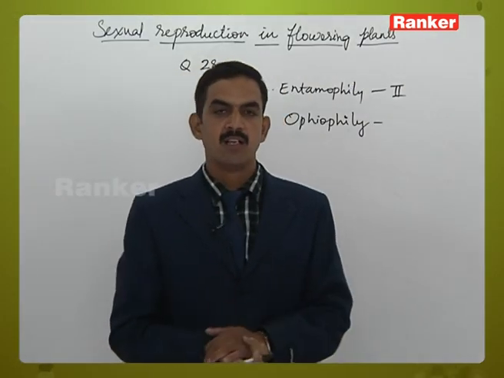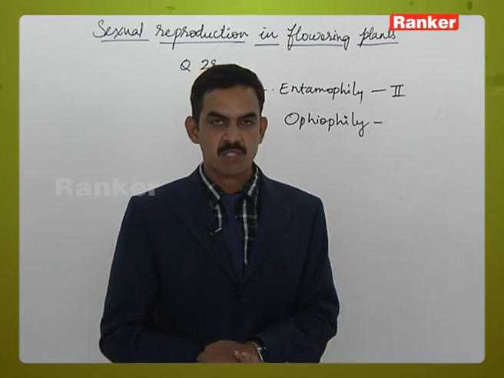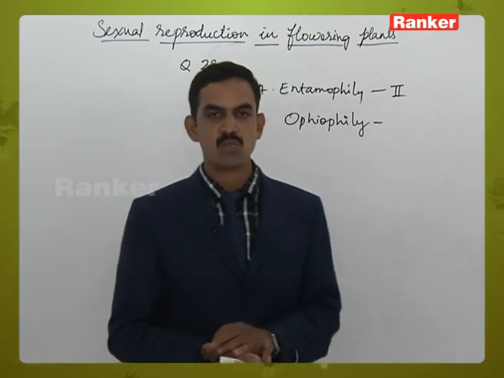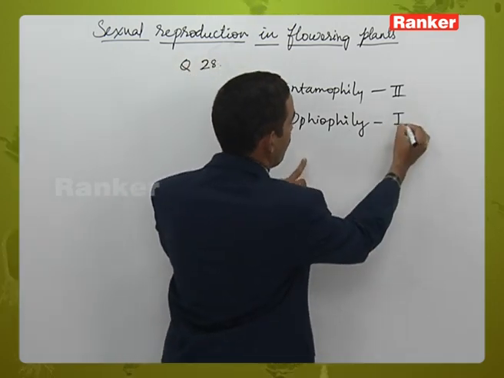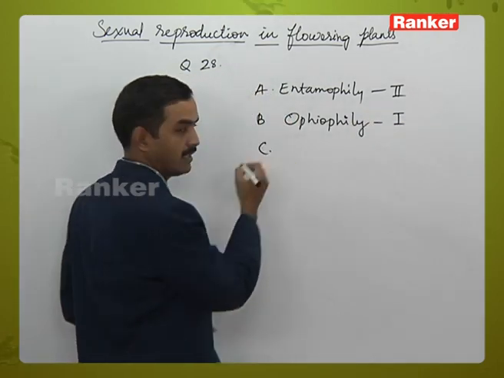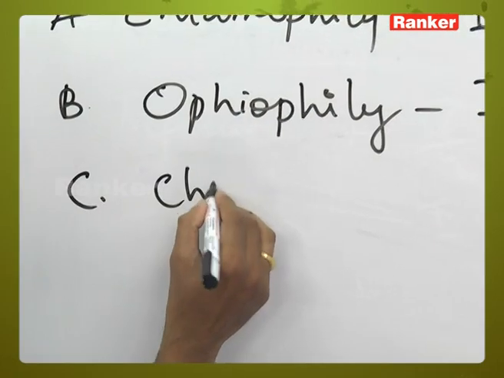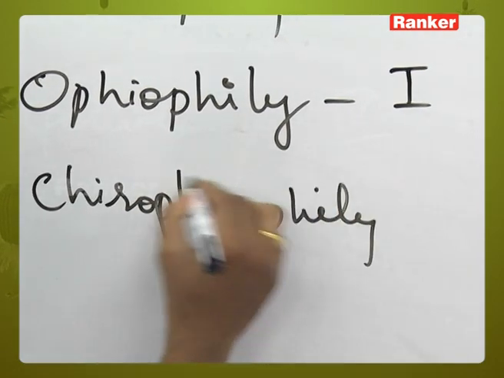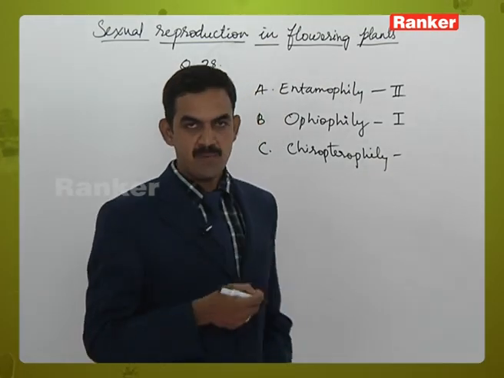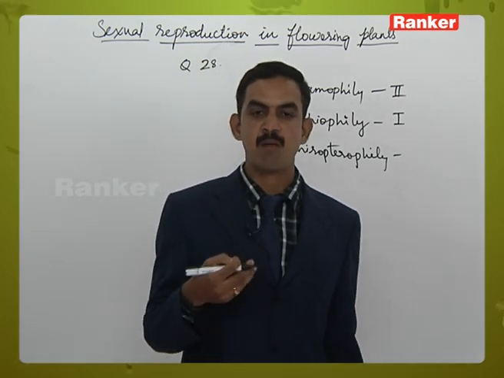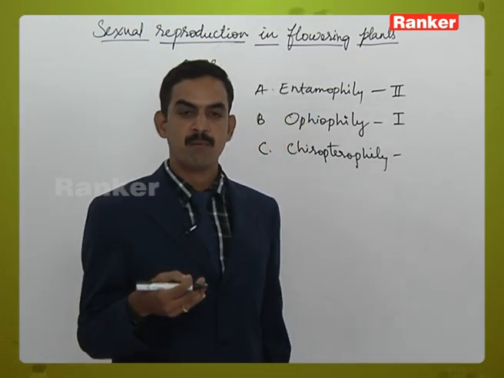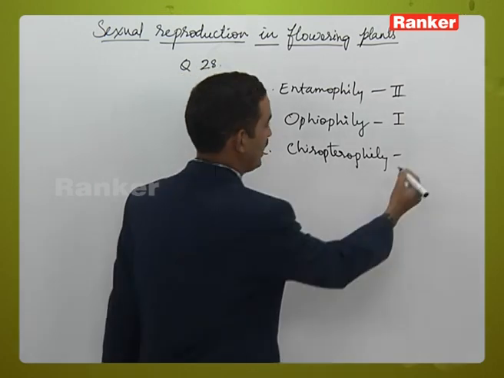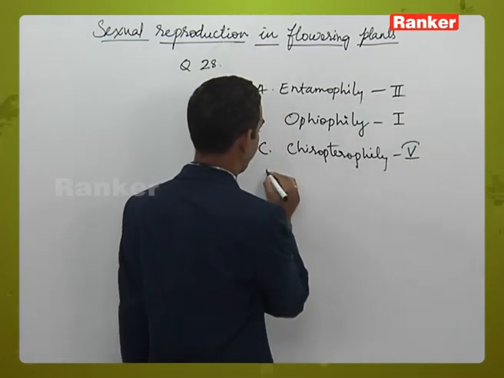Ophiophily means pollination with the help of snakes, so ophiophily is 1. Next, C is calypterophily. Calypterophily means pollination with the help of bats, that is 5.